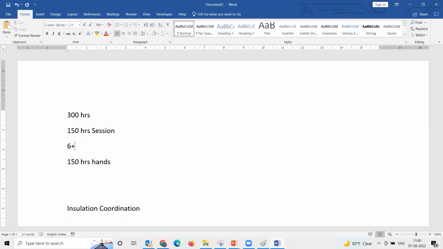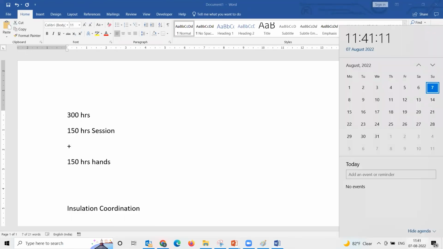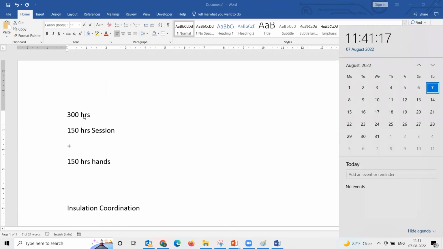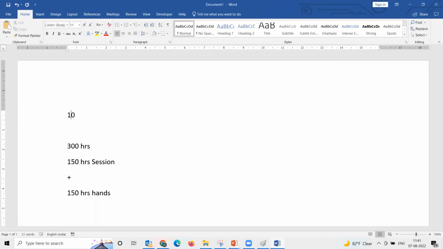So this is the course which we are offering. If you're asking what the course fee is, it will be $1,000 or 75,000 INR.